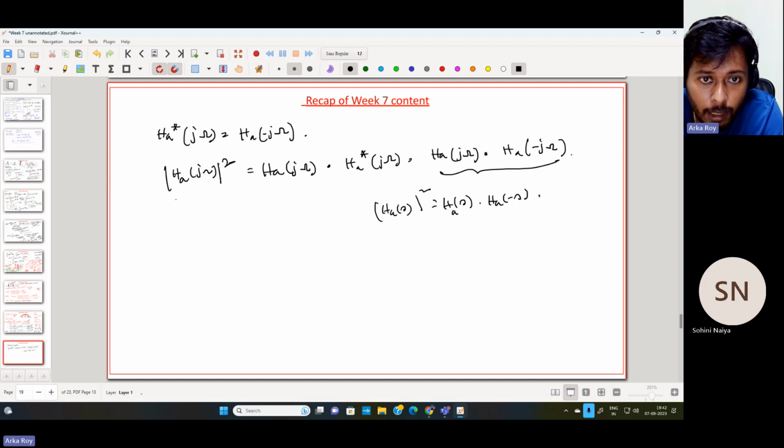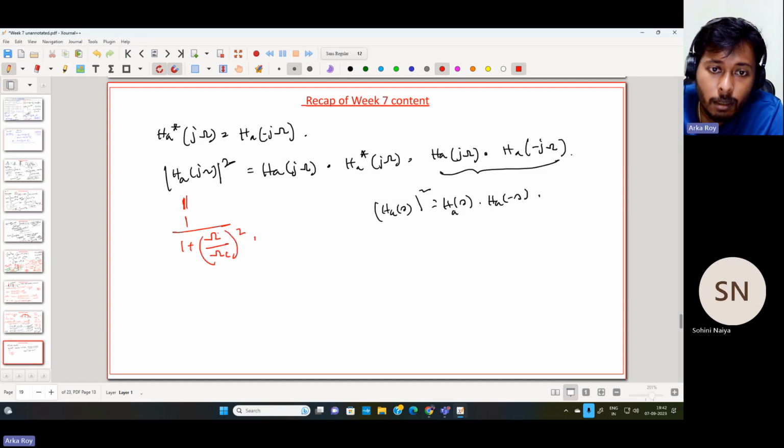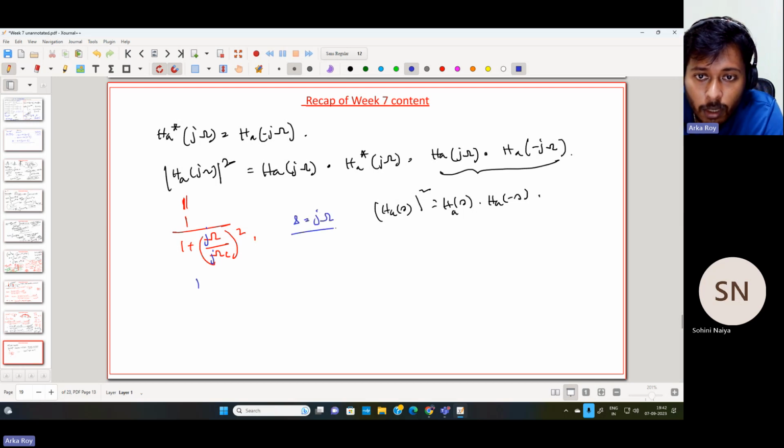And it was given that this particular representation is equated with 1 divided by 1 plus (Ω/Ωc) whole squared. So I can multiply z in both numerator and denominator, and I know that S is equal to jω.